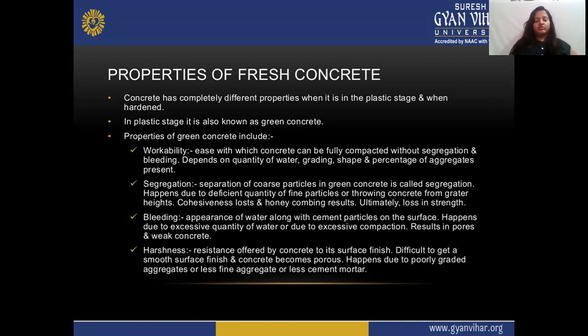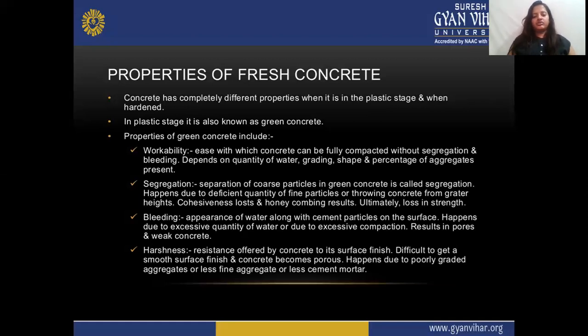So if the cement paste is totally washed away with water, obviously the coarse aggregate will not be properly coated with cement, which results in improper hardening and weak points where the deterioration or the demolition of the structure can take place.